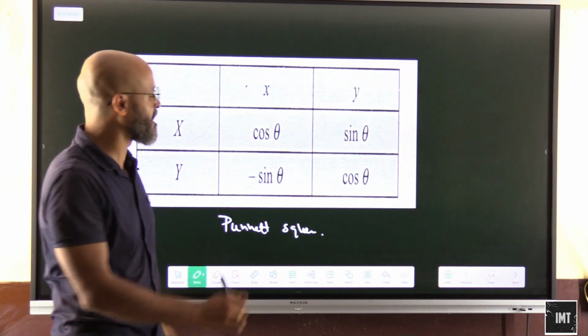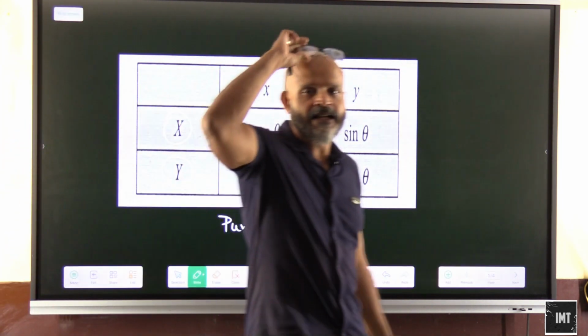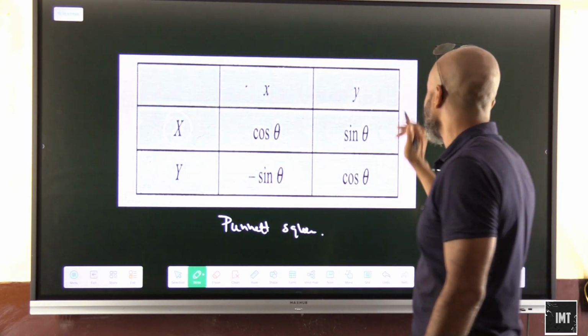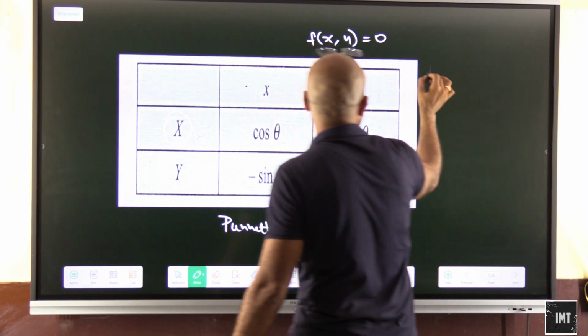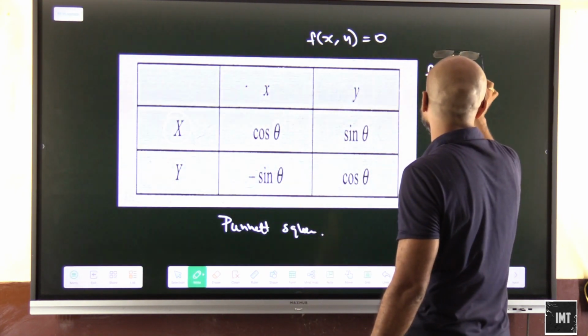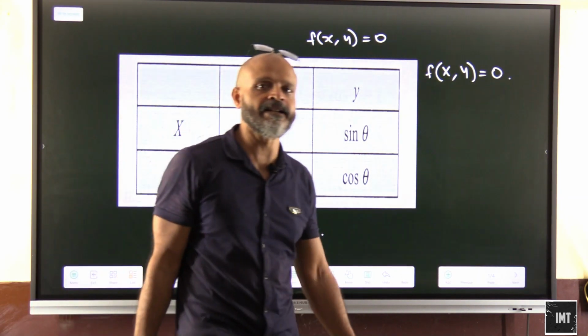So these are basically capital X and Y. What do the capital X and Y represent? Capital X and Y represent the new coordinate system. So if the equation in x, y happens to be 0, then in the new coordinate system, X, Y, this will be equal to 0, if the equation has been represented in that way.